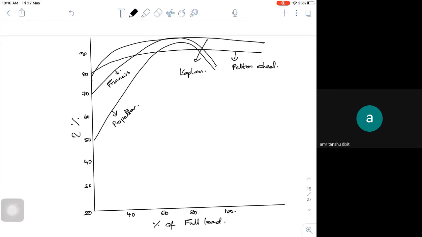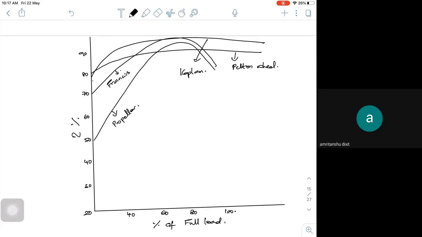Other than this, we have other parameters. You might have done this in your lab: unit speed, unit head, and unit power. You might have drawn some curves. That is not part of your syllabus right now, but still we try to plot those things.